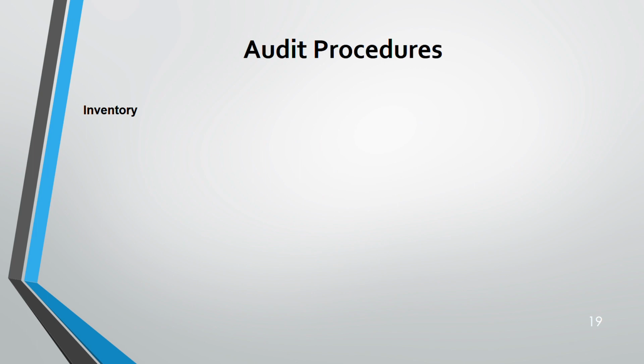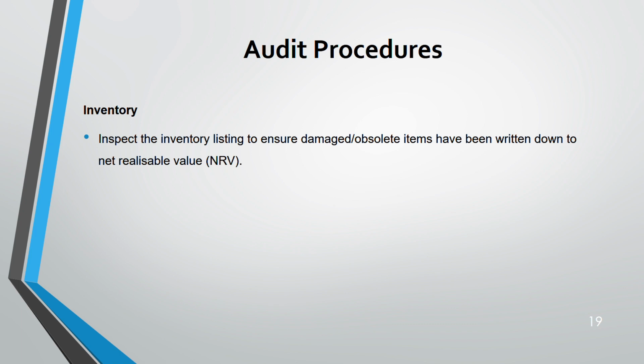Now, inventory. IAS 2 says recognize inventory at the lower of cost and net realizable value, NRV. So for damaged and obsolete, it is at NRV. You have to inspect your inventory listing to check whether it has been written down to NRV or not, especially for damaged and obsolete items.